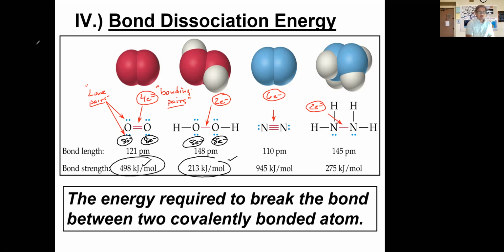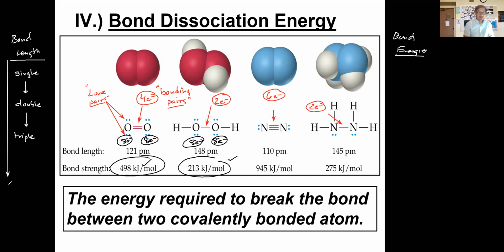So with that said, in terms of bond length, and remember, not only do we have to consider the atoms that are held together as well, and in terms of bond energies, if we were to look at it generally here, you would have a single bond to a double bond to a triple bond, where length decreases as we go down.